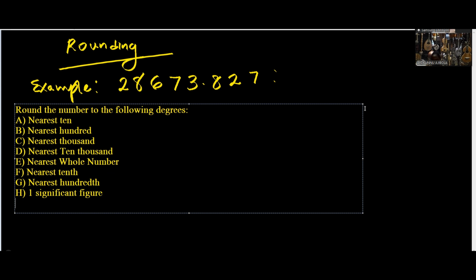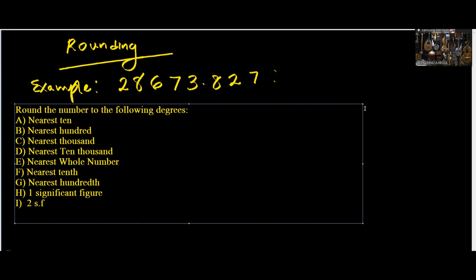Then option I. So maybe two significant figures, which is SF. And finally, I can say two decimal places.